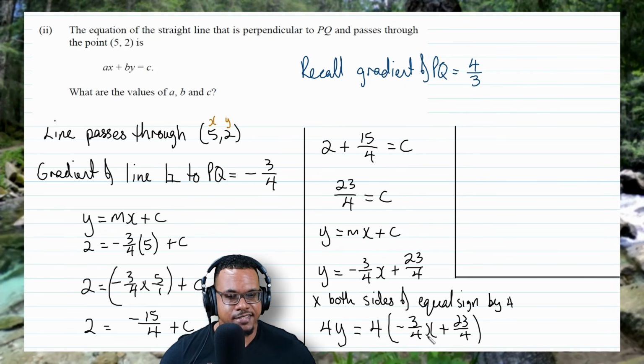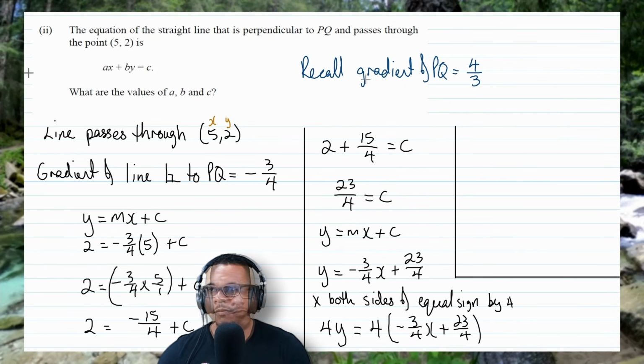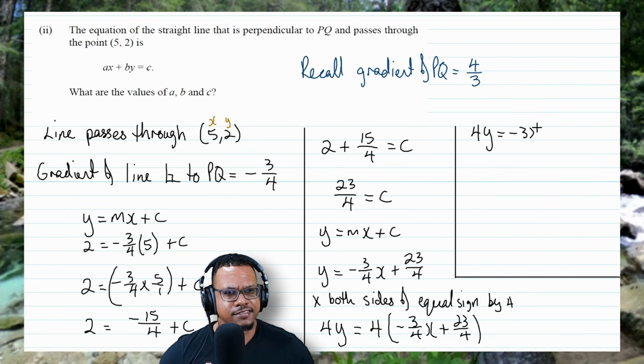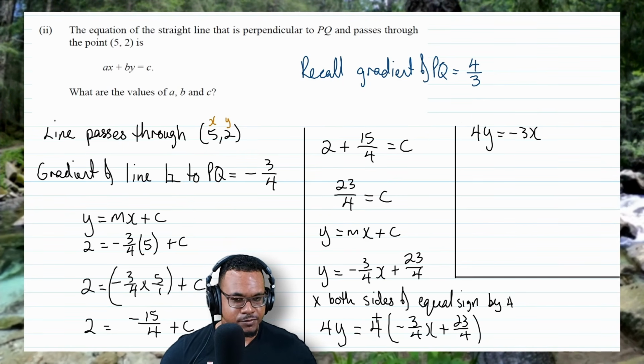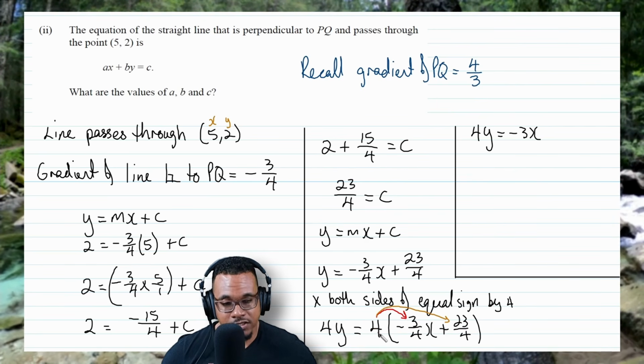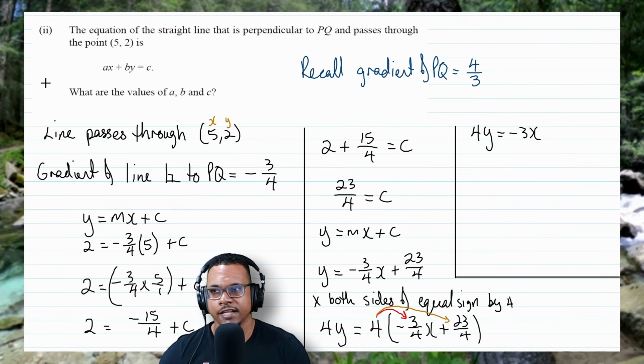The 4s will cancel and remain at negative 3. So I'll have 4y equals negative 3x. And now when I multiply 4 times 23 over 4, this is 4 over 1 multiplied by 23 over 4. Again, the 4s will cancel, and I'll remain with positive 23.